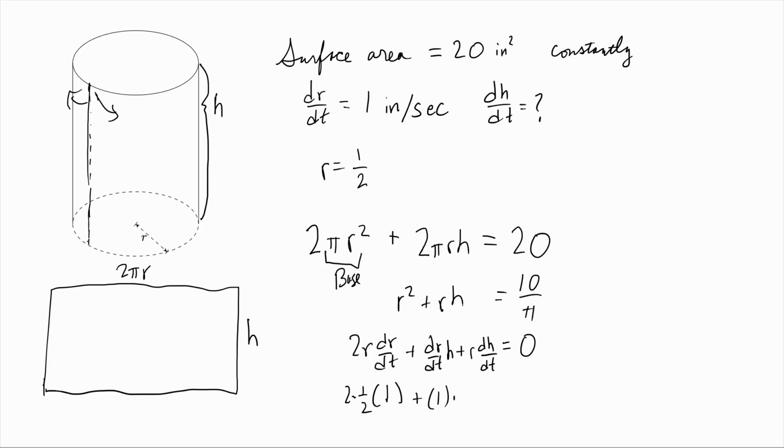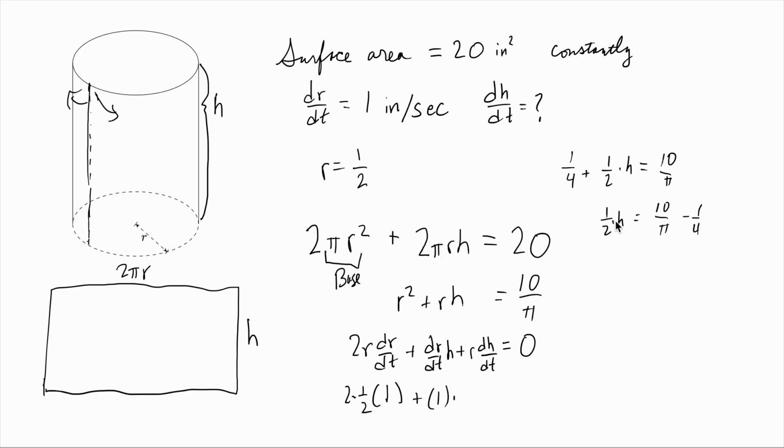All right, so at this moment in time, r is a half. R squared is a fourth. Plus r, which is a half, times h is equal to 10 over pi. So we could figure out what h is at this moment. We could subtract a fourth from both sides, so 10 over pi minus a fourth is equal to a half times h.